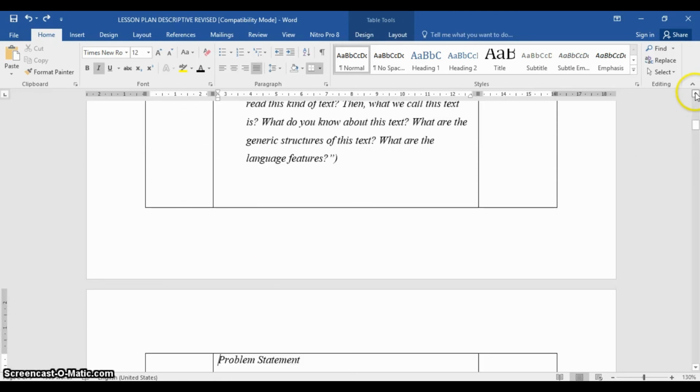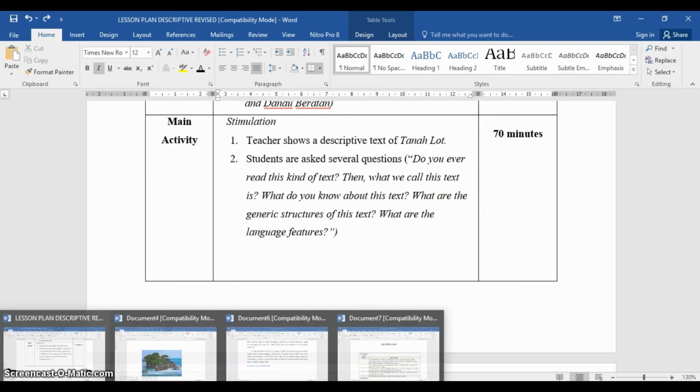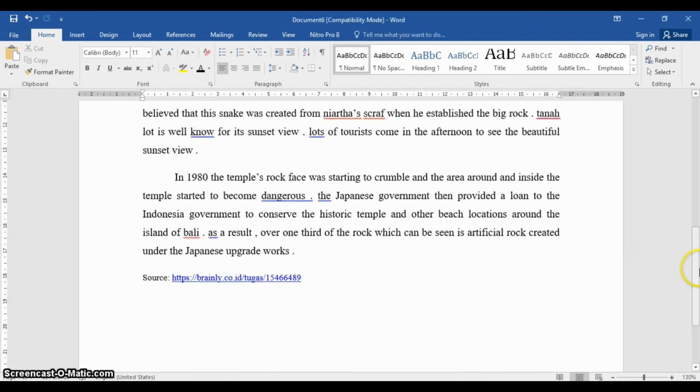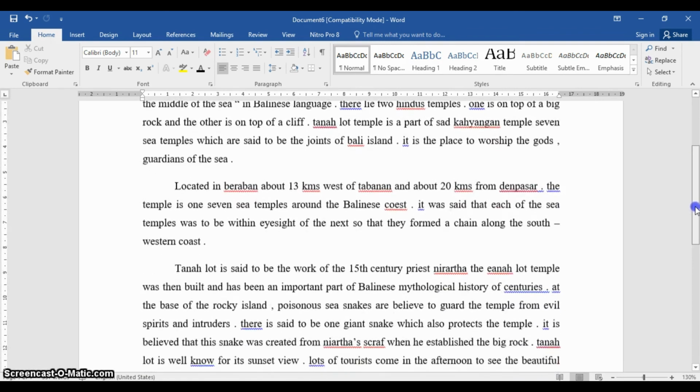Let's move to the main activity, that is in the stimulation. The students are shown a descriptive text entitled Tanah Lot. Here is the text.